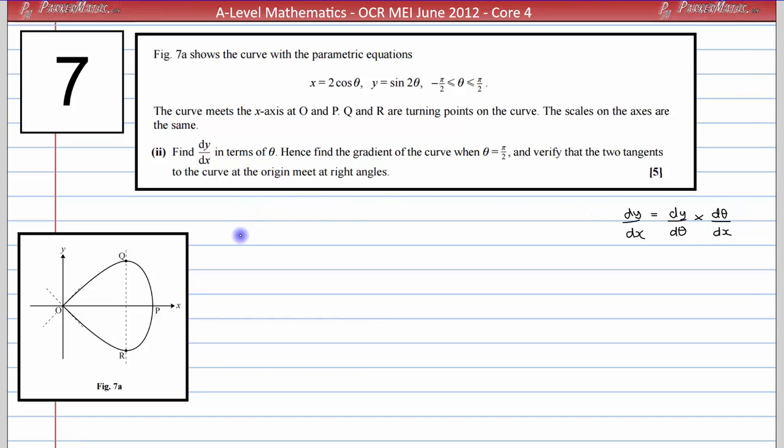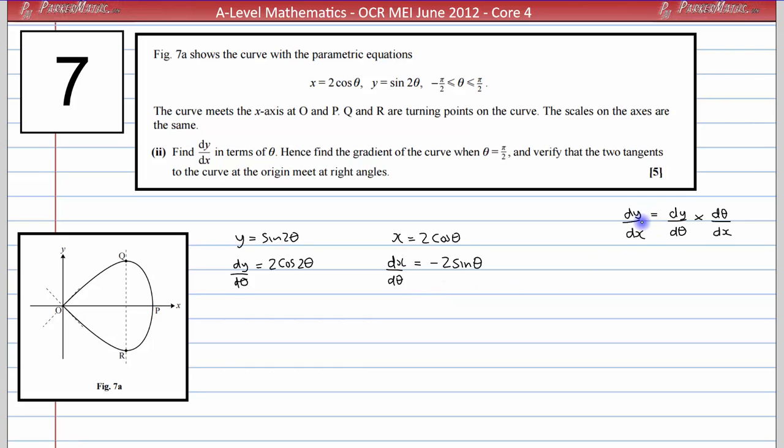We'll start by finding dy by d theta. We know that y equals sine 2 theta. You could use the chain rule to differentiate this, but it's fairly straightforward, so I'll do this informally. If we differentiate sine, we get cosine, so here we will get 2 cosine 2 theta. If we want to find d theta by dx, first it will be easier to just find dx by d theta, that's just differentiating this here. So if x equals 2 cos theta, then dx by d theta will equal negative 2 sine theta.